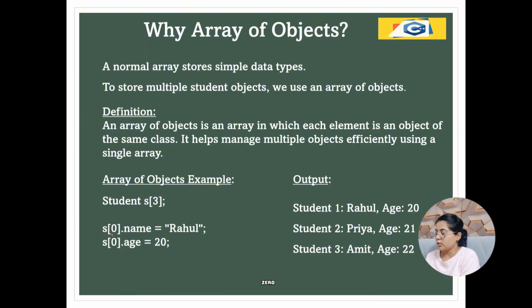S of 0 dot name means we are dealing with the first element. S of 0 dot name I can access, right? S of 0 dot age I can give a direct value as well. If I want to access it, I can write S of 0 dot name equal to Rahul, S of 0 dot age equal to 20.